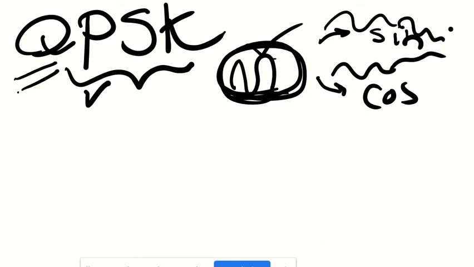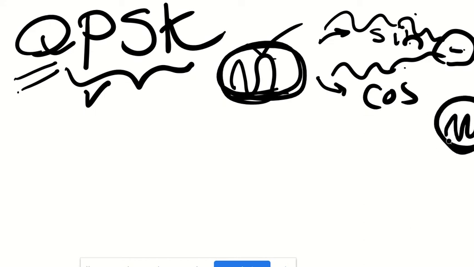I'll explain in detail. Then it mixes them, makes them one signal, and sends the data. So you have a signal that is a combination, or sum, of sine and cosine, and your information is there. The idea is that I want to put more data and increase my bit rate, okay?